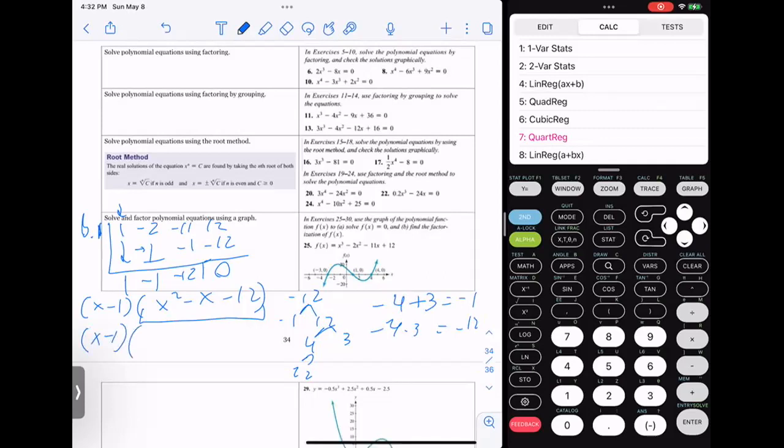We're going to have a -4, so we say x minus 4, times x plus 3. And voila, see that our zeros are -3, 1, and 4. We have x equals -3, x equals +4, and x equals +1.